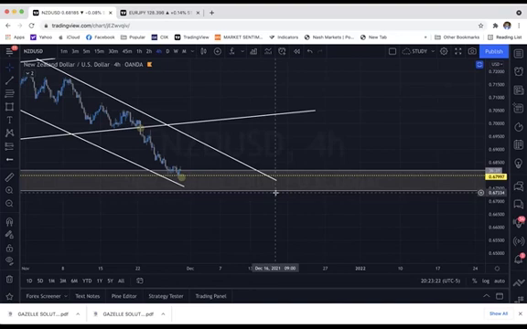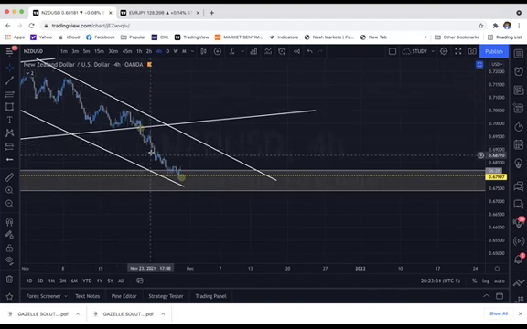What two things just converged? The daily and the 4-hour. Yes, sir, David. You got it. The 4-hour bearish trend just converged with the daily level of structure.